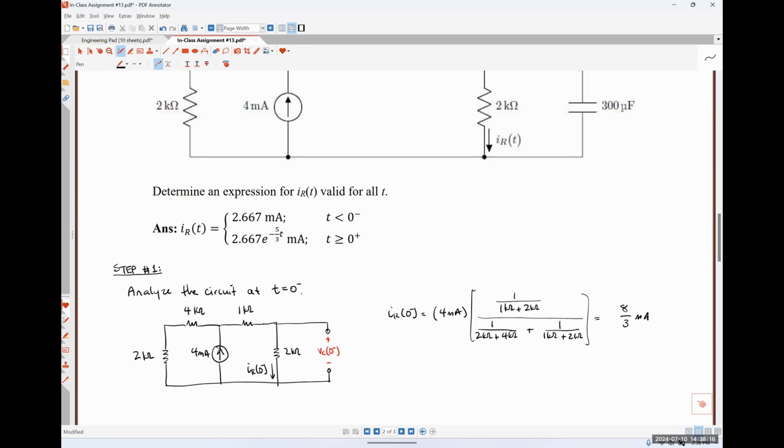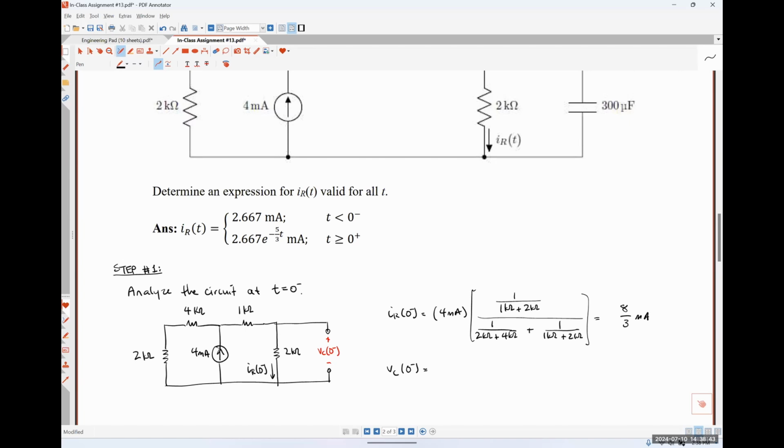So, assuming I've gotten that resistor current correct, and I know for a fact that I did, because 8/3 is 2.667 milliamps, how would I find that capacitor voltage VC at 0 minus? It'd just be the voltage drop across that 2 kilo ohm resistor?